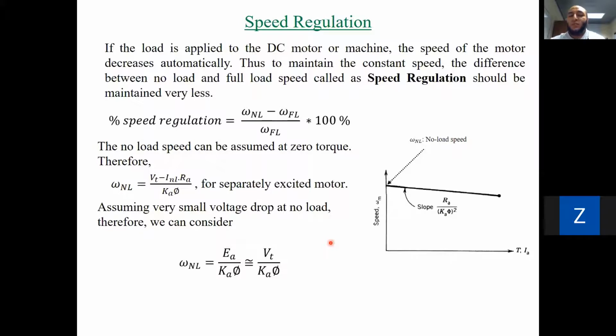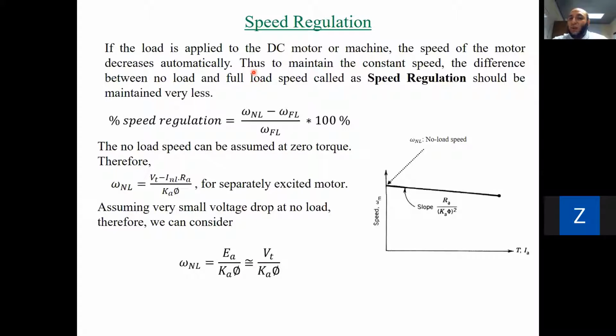There is an important term called the speed regulation. This term is used for any kind of motor. However, we need it here in particular for DC motors. From the definition, we'll give an example in order to understand the meaning of speed regulation. If we have a load applied to a DC motor and the load torque is changing, we expect the speed will change as well.